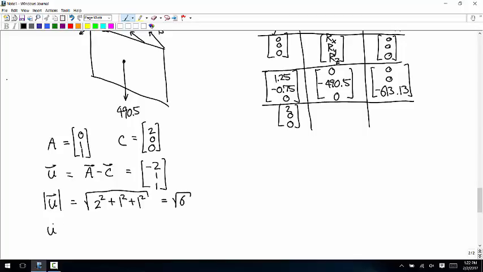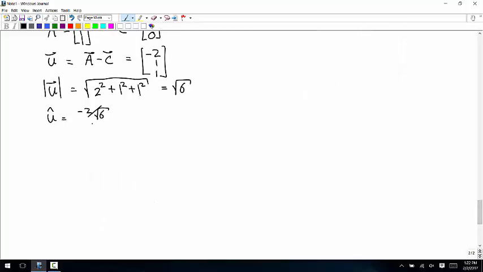And so the unit vector is negative 2 over the square root of 6, positive 1 over the square root of 6, positive 1 over the square root of 6. And that is, in decimals, negative 0.816, 0.408, 0.408.